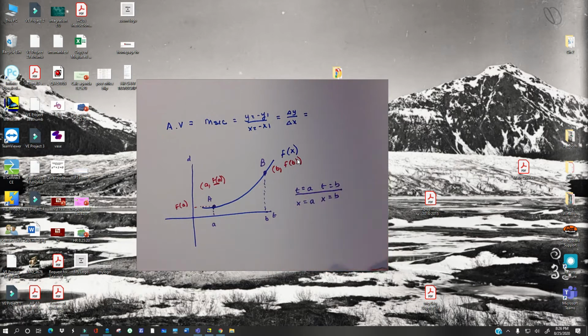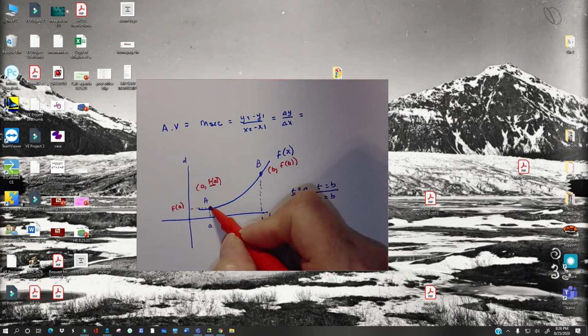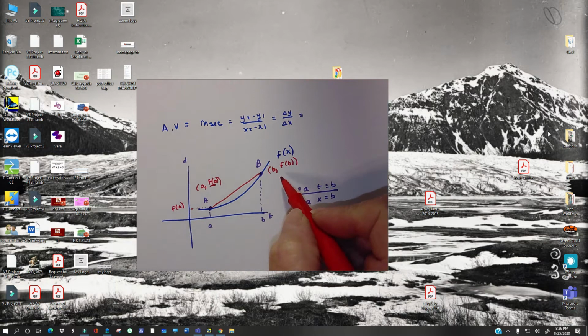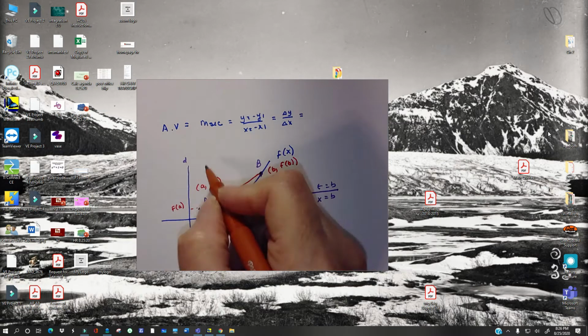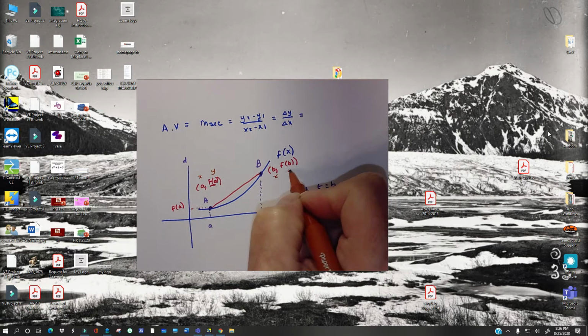So another rendition of this formula: if I wanted to find the slope of this secant line using this notation, well, this is x and this is y, and this is x and this is y, right?